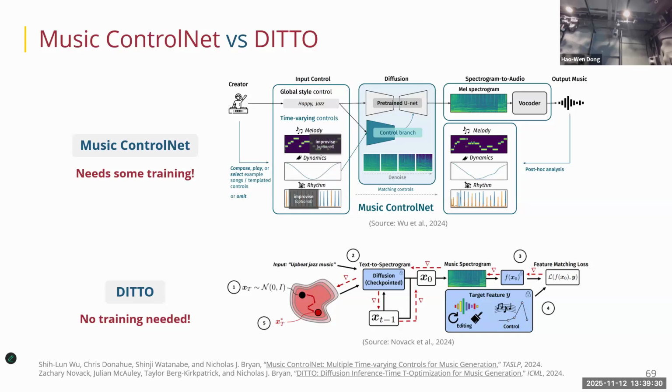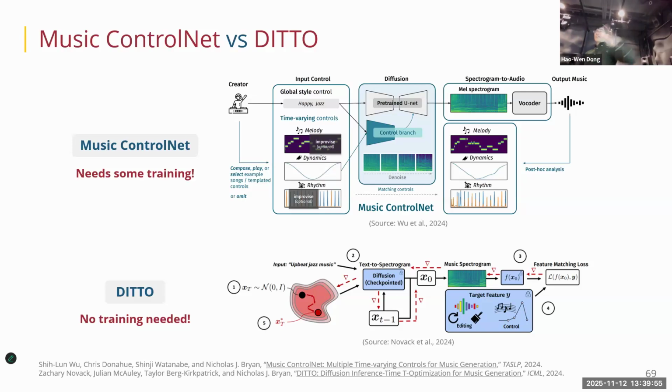So basically the idea of DITTO is that I just pick this knob and move it around to see where the point is where you get that desired shape. So that's the idea of DITTO. You don't actually need to train anything. You're just trying to find the best latent Z that leads to the desired feature.